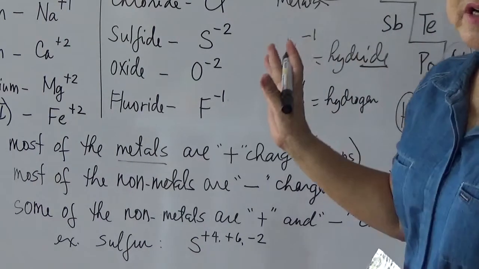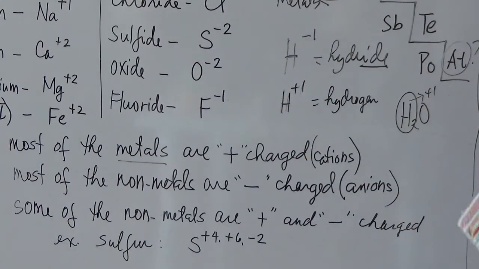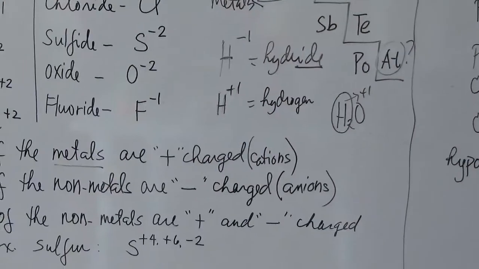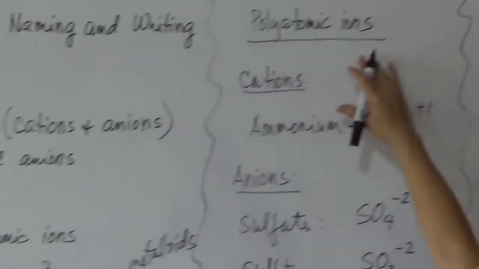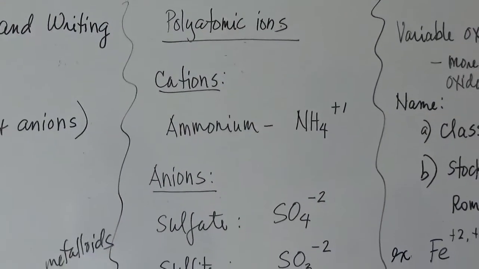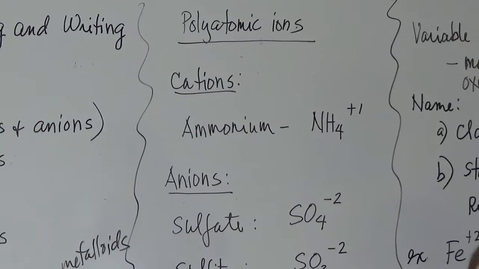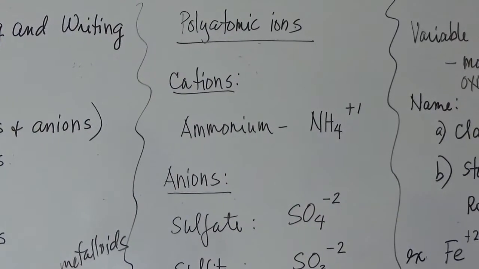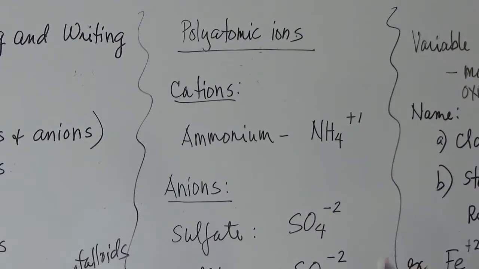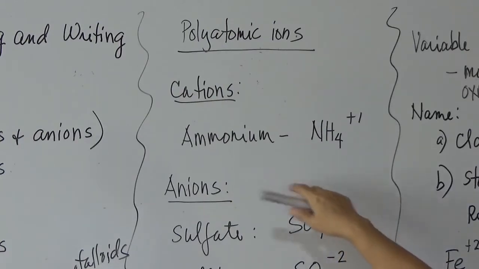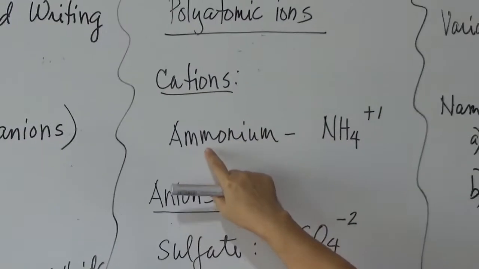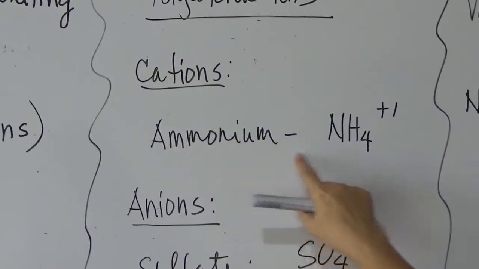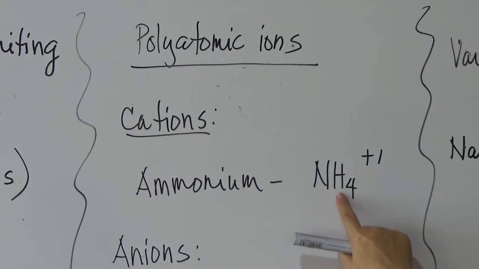This one is a prerequisite in the naming of inorganic compounds. What else? We have the monoatomic ions, and we also have polyatomic ions. When we say polyatomic ions, it is an ion which has more than one atom of an element in the symbol. For example, for the cations, the common one is the ammonium ion, which has a symbol of NH4.